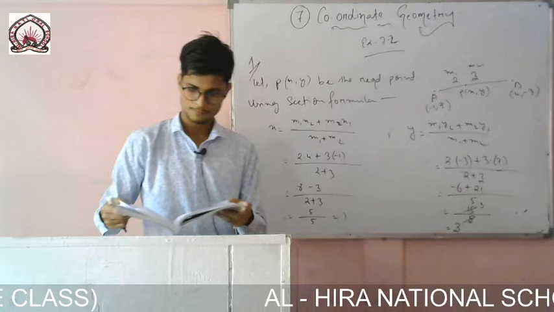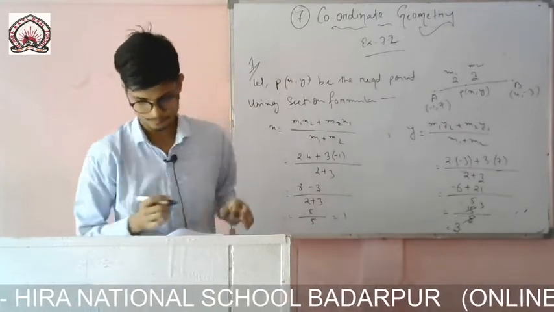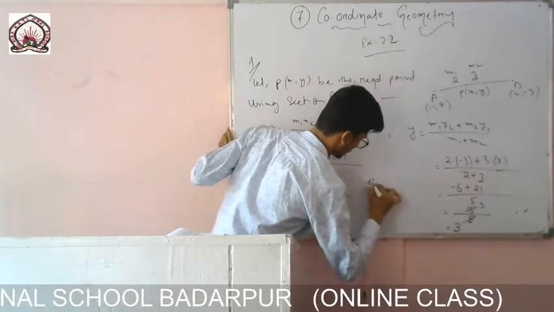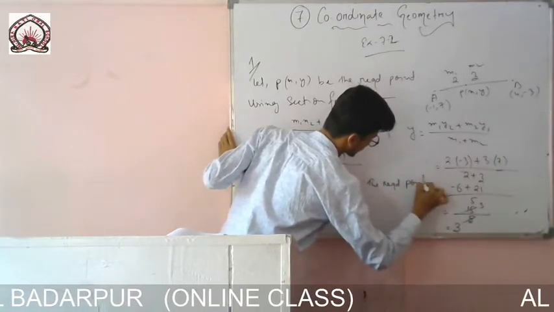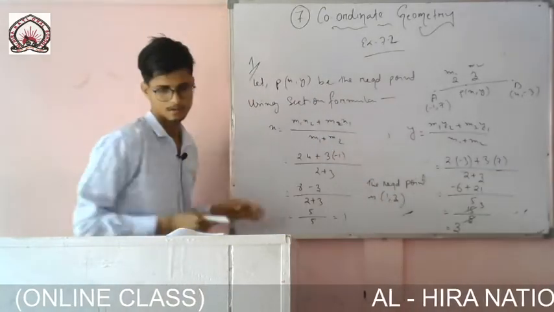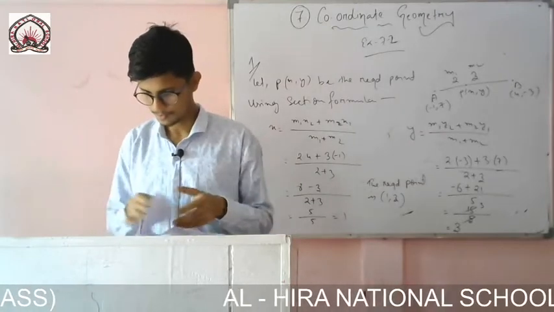So therefore the required coordinate will be 1 comma 3. Therefore the required point is 1 comma 3.